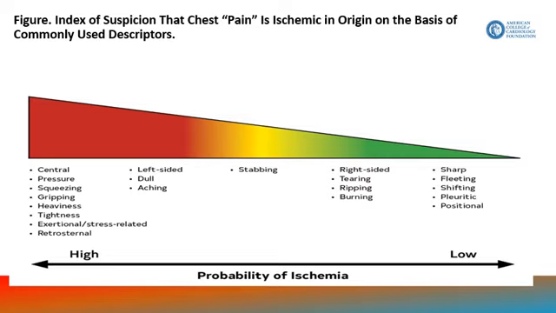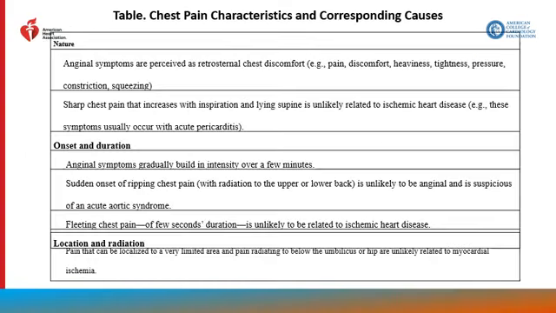This is a typical chest pain. If left-sided, dull or aching, maybe it's chest pain. We have moderate probability, this is the yellow color. But if it's right-sided, tearing, gripping, burning, sharp, fleeting, shifting, pleuritic, positional, it decreases the probability that this chest pain is ischemic. This is the character of the pain.